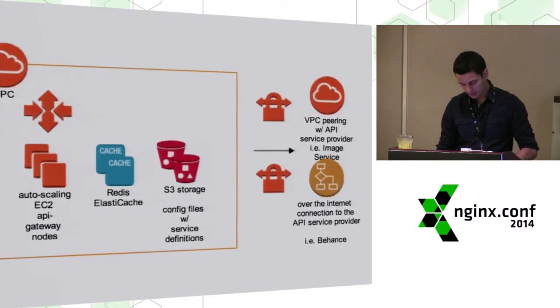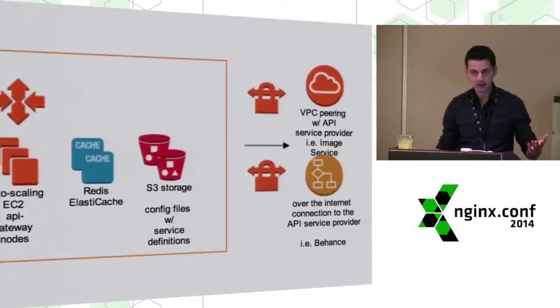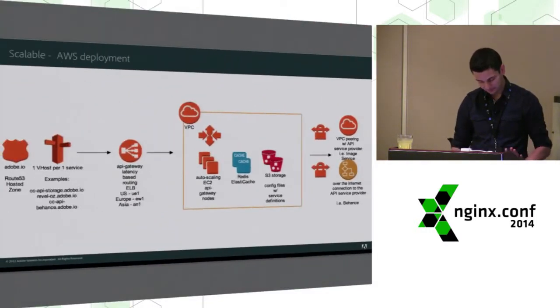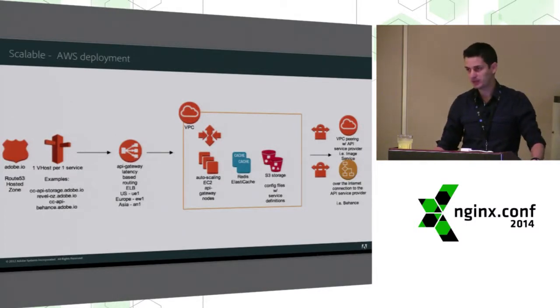But we also support the other model where the connection can be over the internet. It's HTTPS most of the time. But that turned out to be a long story, and we're still struggling to make HTTPS performant.